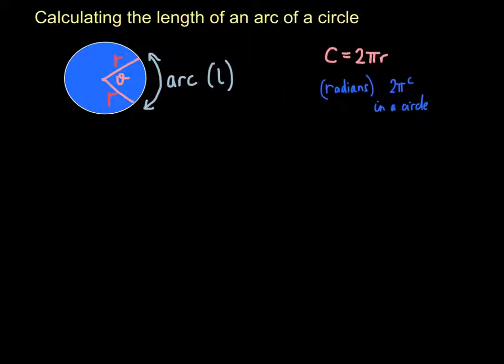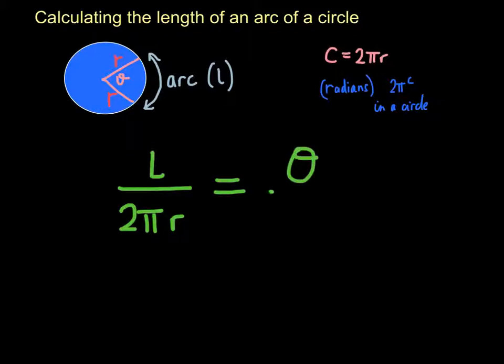So if we take the length of the arc, L, and divide that by the circumference of the circle, 2 pi r, that proportion of the minor arc to the circumference right around the outside is going to be the same as the fraction we get if we divide the angle theta, which is making the arc, by the angle around the centre, which is 2 pi radians.